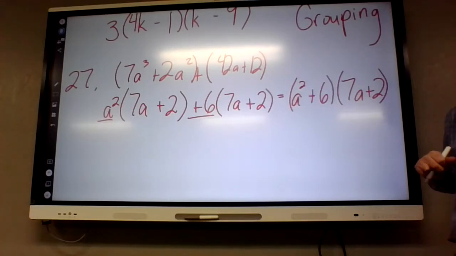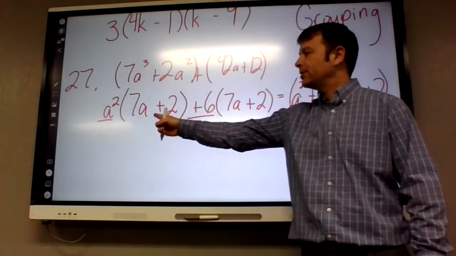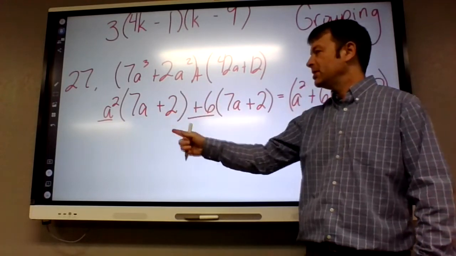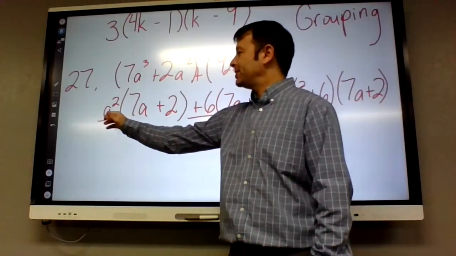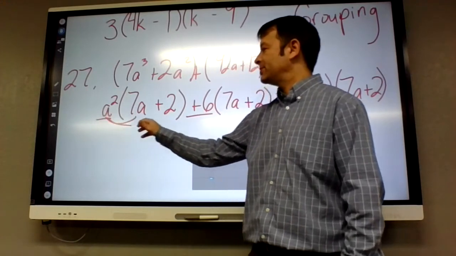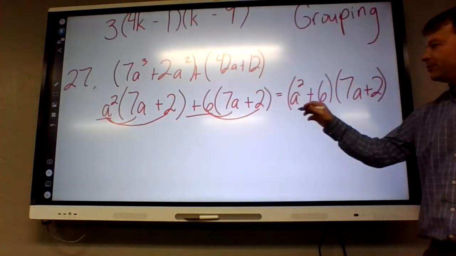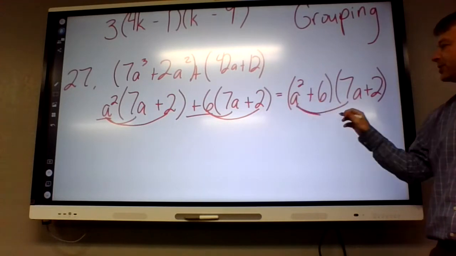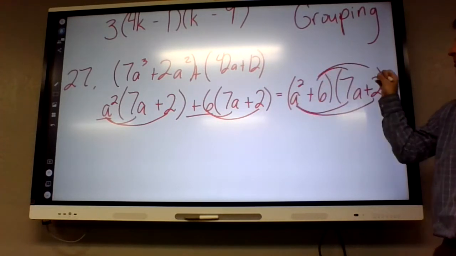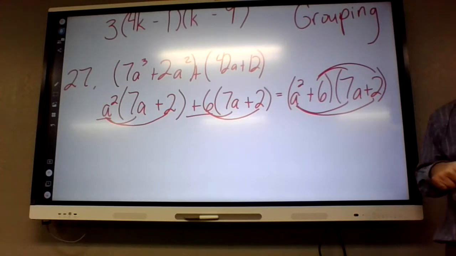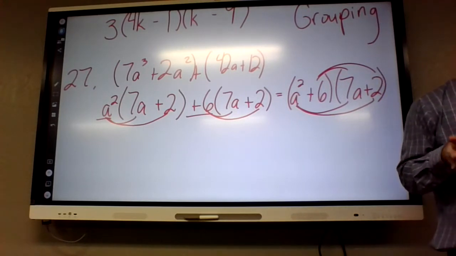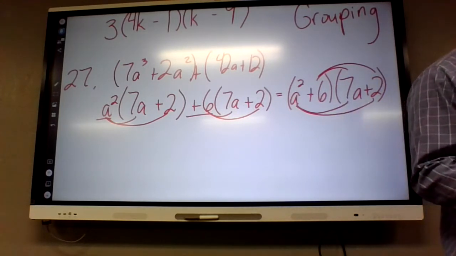Oh, no. These are not being multiplied together. It's not this times this. It works because this is a squared times both of these, and this is 6 times both of these. When you FOIL, that's basically what you do. You don't have to understand why it works, just follow the pattern.